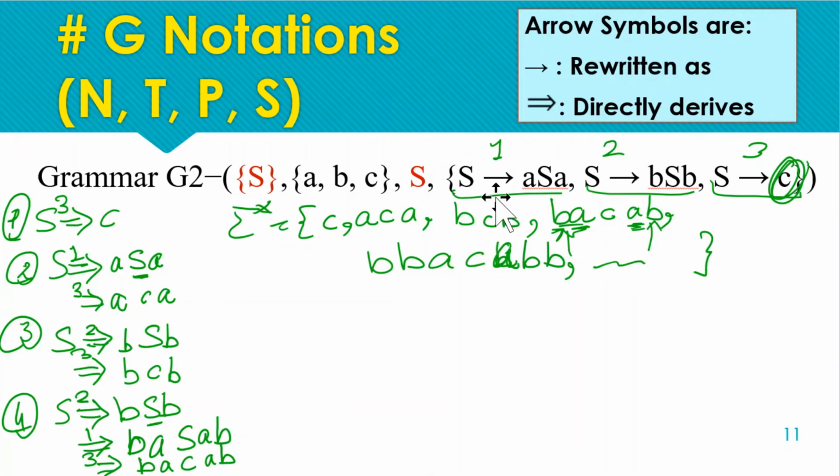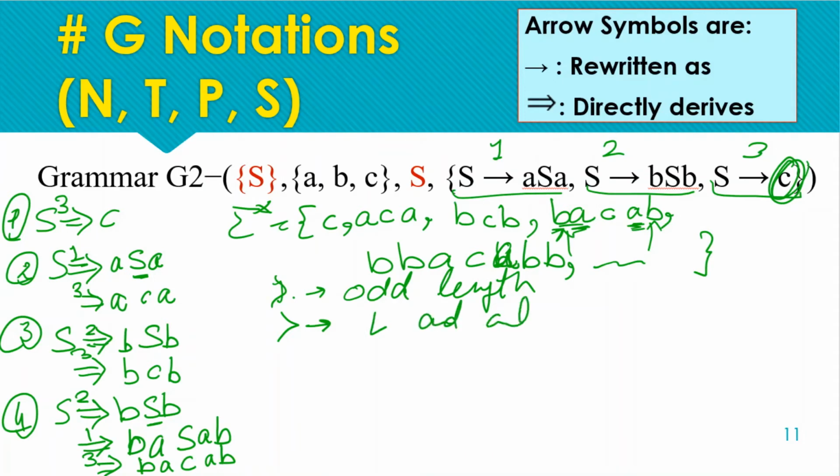So the first thing that is clear is that every string must be of odd length. We have to identify the pattern. Every string has the same letters in the left hand side and in the right hand side, so we are generating strings of palindromes.